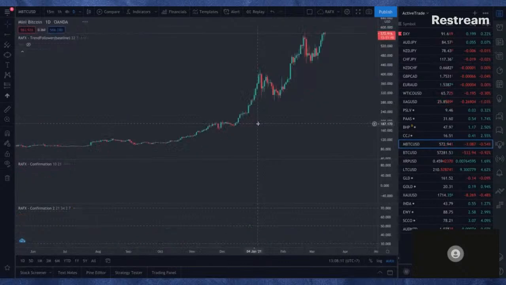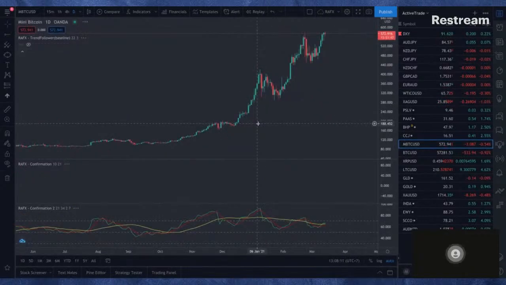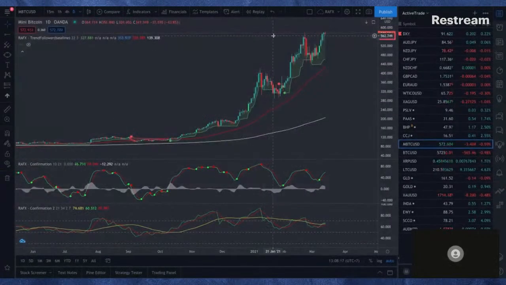So let's see my mini Bitcoin position. I actually exited my mini Bitcoin position yesterday in this area, because that was the double top that I see, this one and this one.